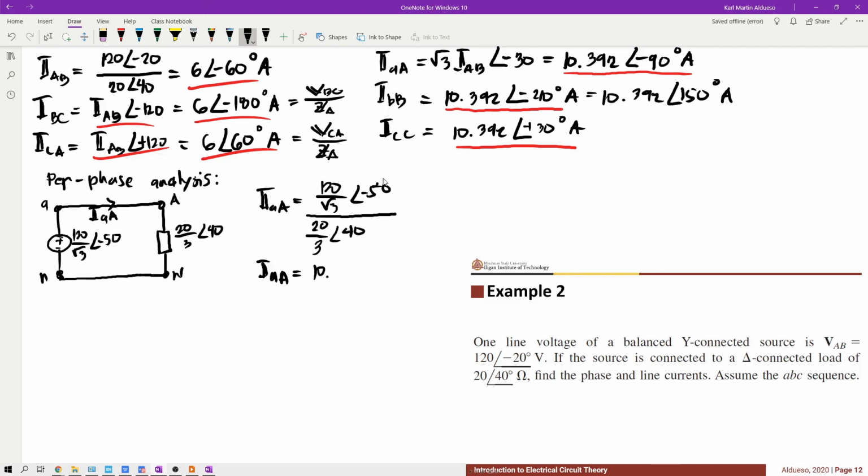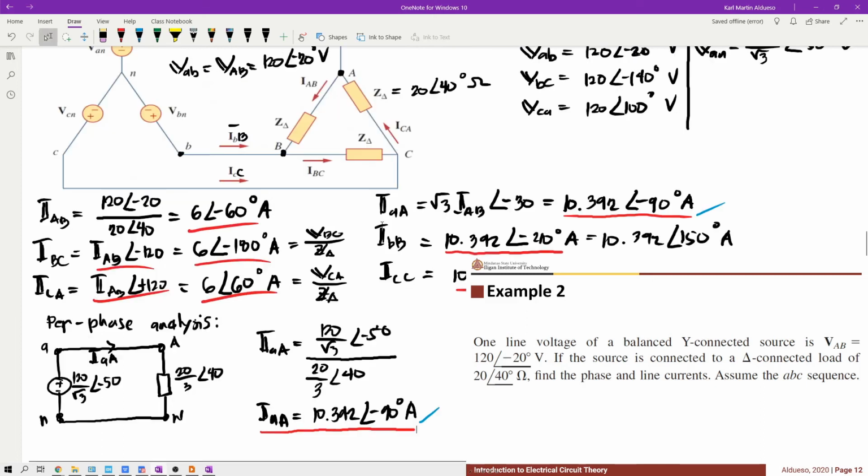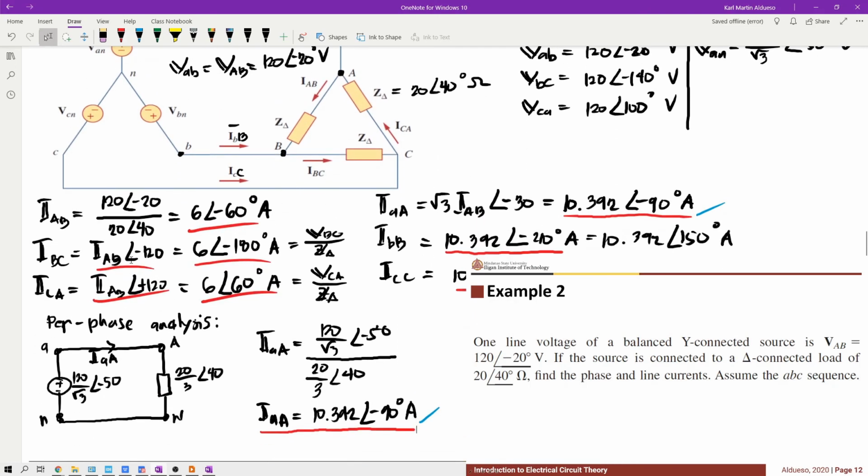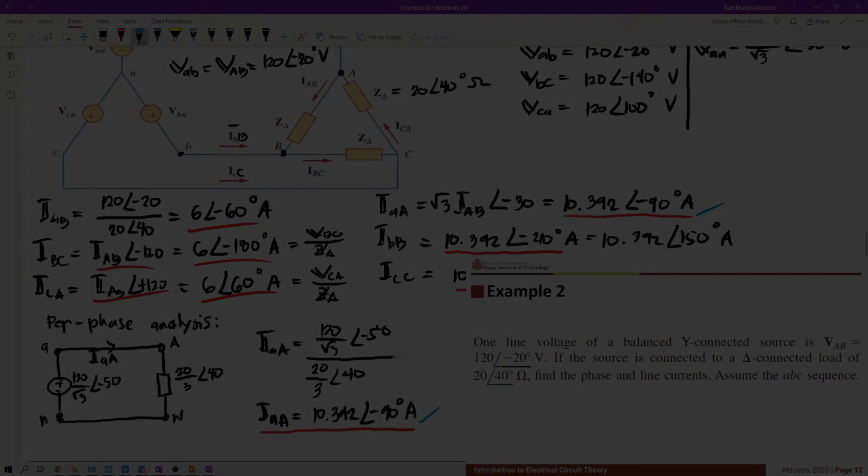This is equivalent to 10.392 angle of negative 90 degrees. So you can see this value is equivalent to the value right here. So for this example, you can get the phase currents and line currents using this method or using the per phase analysis.